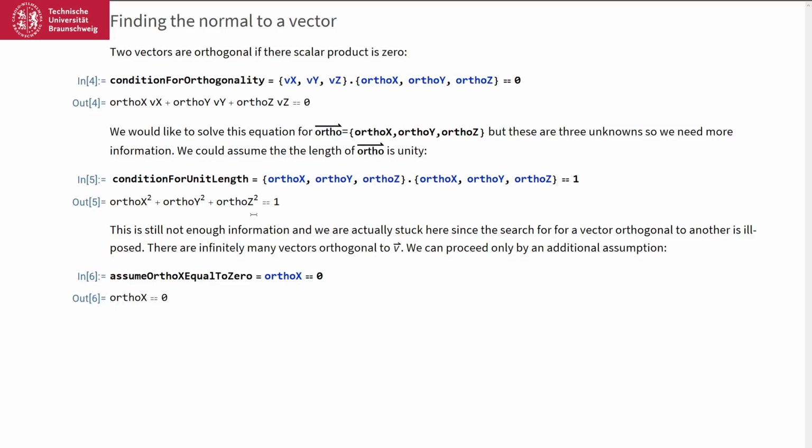So you simply have to make a choice, and this choice may be a bad choice. Coming to the bad choice later, but let's make a choice, and the choice that we make is simply that we assume that also x is 0. So that we have an additional constraint. This is just a choice.